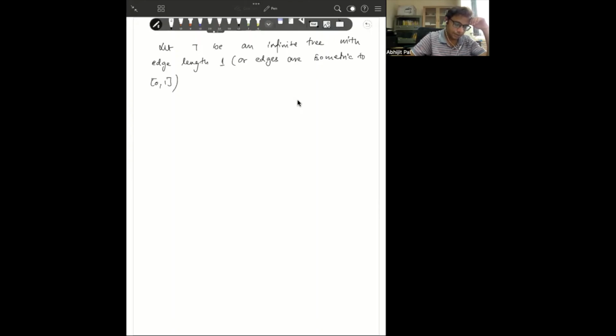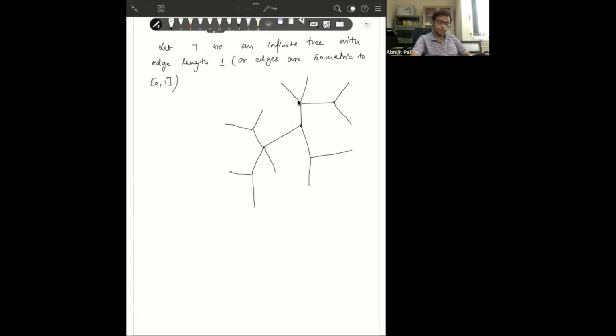My picture is something like this. So this is a tree. This tree is a metric space, all of you believe that, right? I can assign a natural metric here.